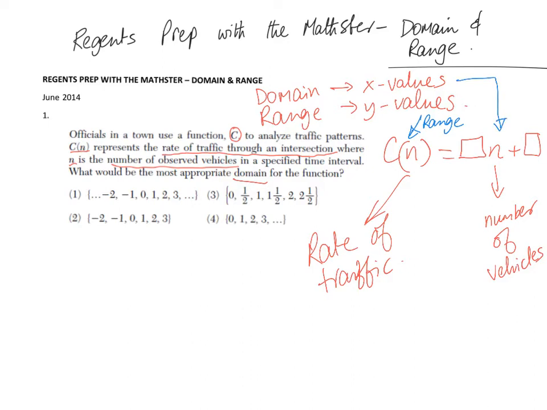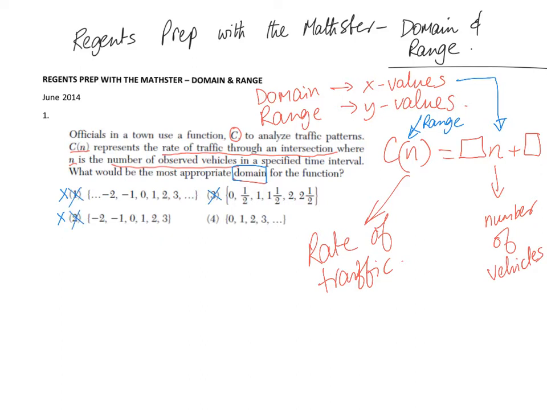So which would be the most appropriate domain for the vehicles? Could you have negative numbers for vehicles? No. So 1 and 2 are out, right? Because it contains a negative number of cars. What about half and 1.5? Even that won't work. So all of these are out.